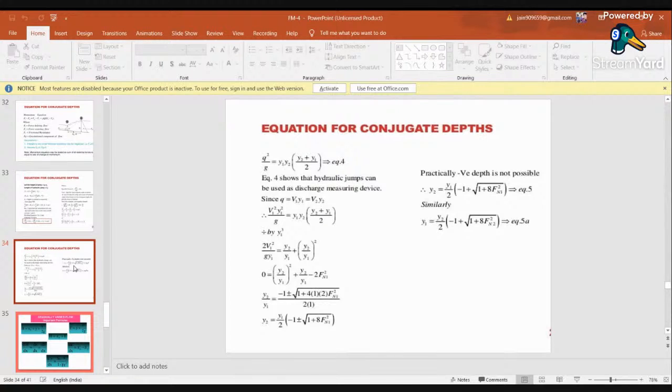These two equations are called the conjugate depth equations. If one depth is known to you, by using the Froude number you can calculate the other respective depth.